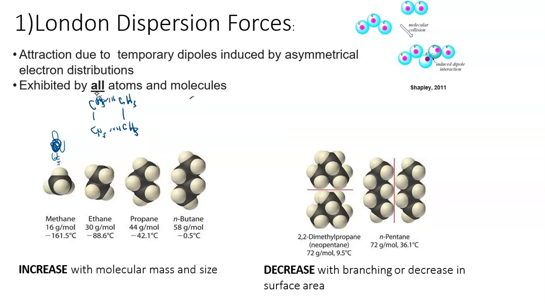Again, as we get larger, we now have 4 carbons. I'll draw the line structure here: 1, 2, 3, 4. We have even more potential surface area for intermolecular forces.